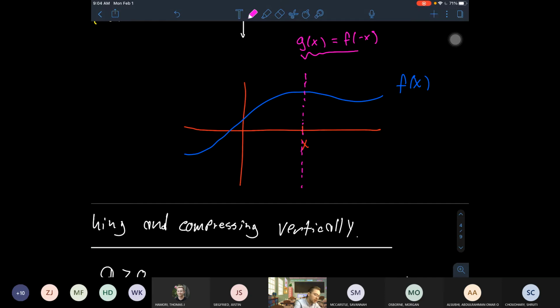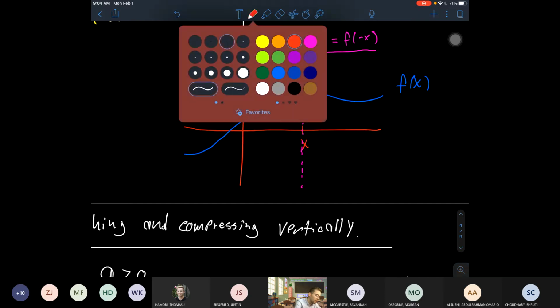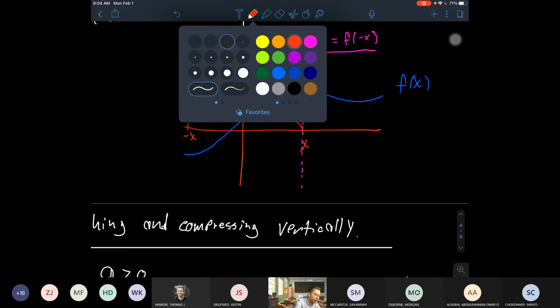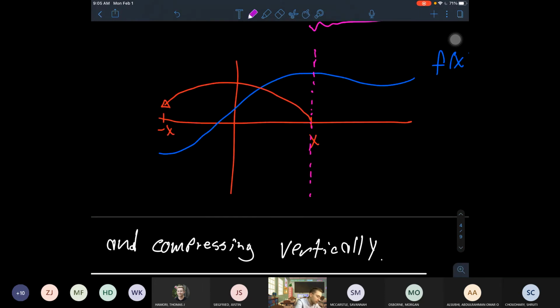What this rule tells me to do is go over to -x and find out what is the height of f at this point. It's this distance here. Then we take that distance and copy it over and say that is going to be the height of g at this point.